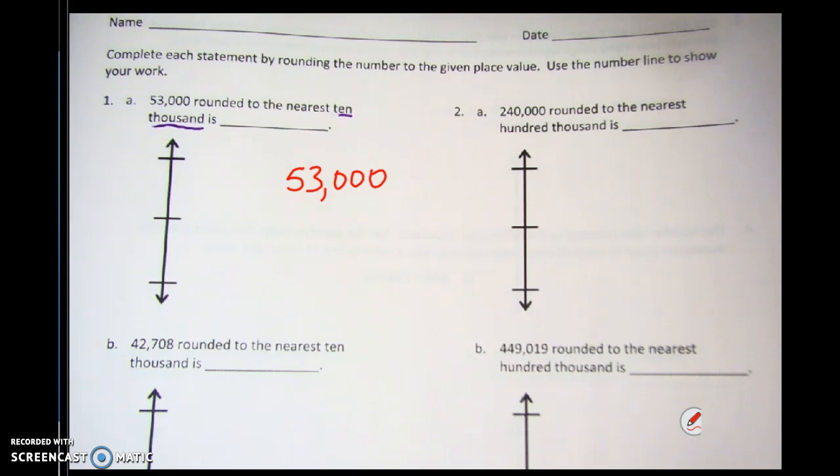Now, once I have looked at my place value, I'm rounding to the nearest 10,000. I'm going to start in the ones place and count to the 10,000s. Ready? Ones, tens, hundreds, thousands, 10,000s. There we go, right there. And I underline it.